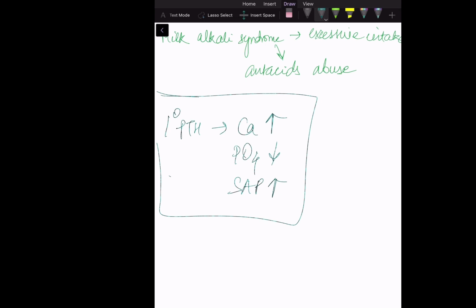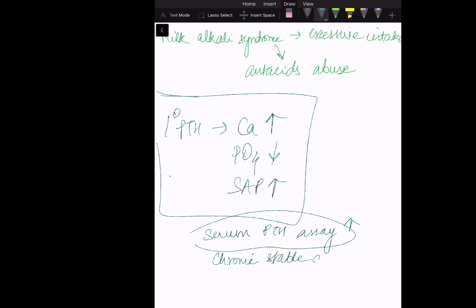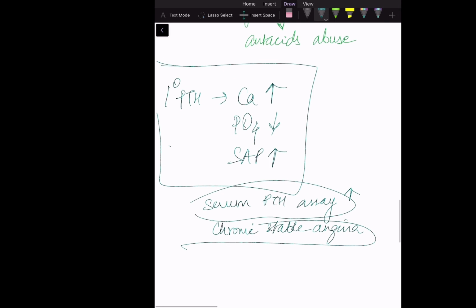Then what we have to check, after checking all these levels, is the serum PTH assay. If that is increased, it will confirm it. It is also used in chronic stable angina, but we're not studying that, I just told you so you should know.